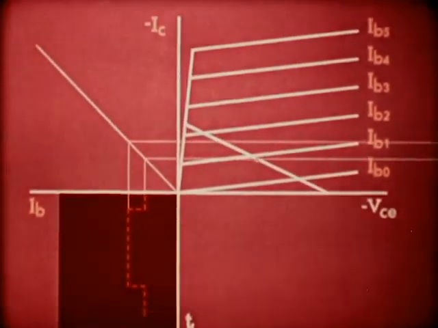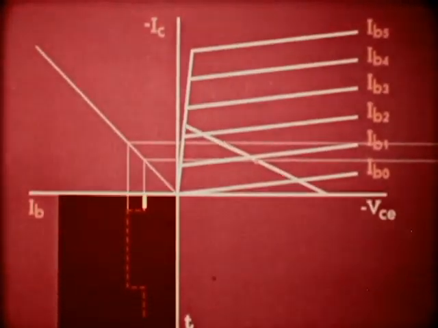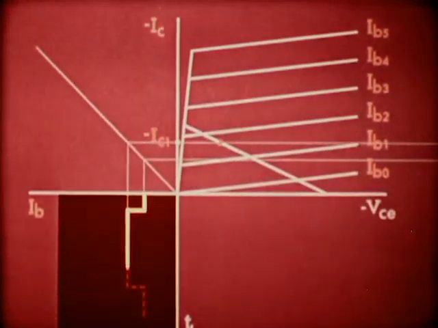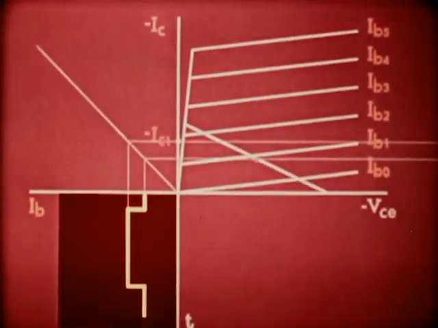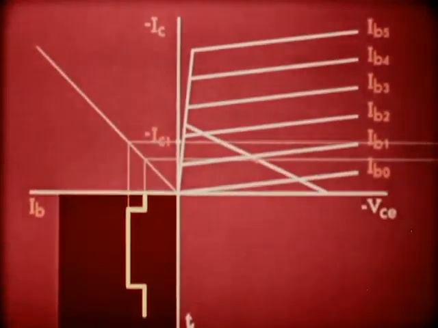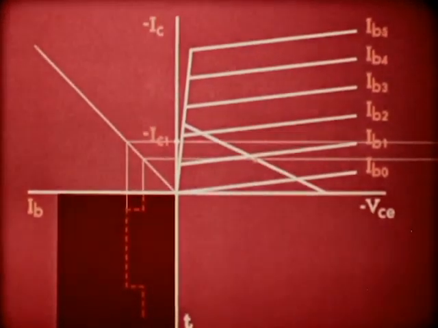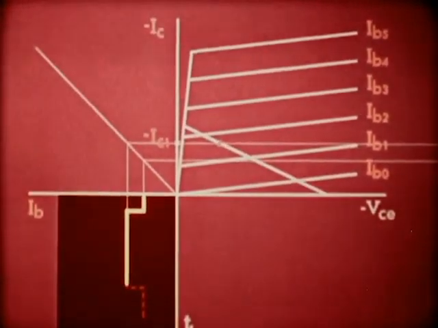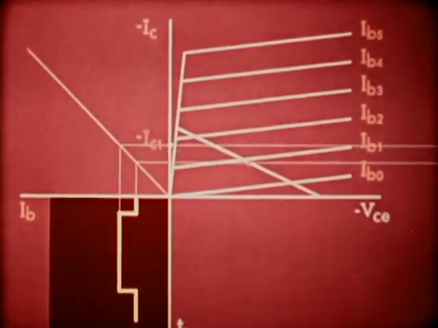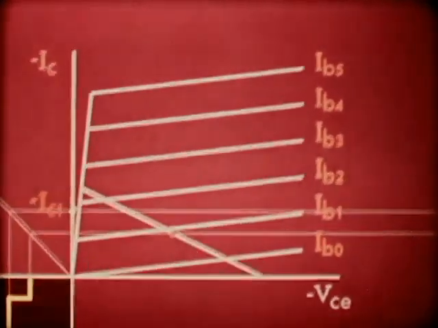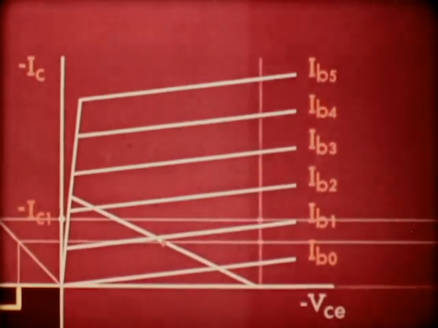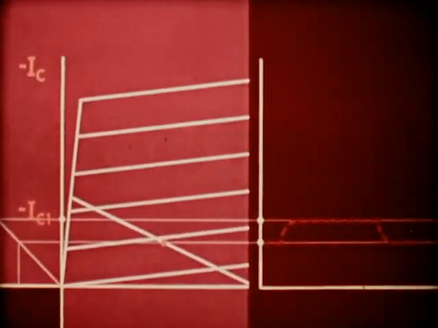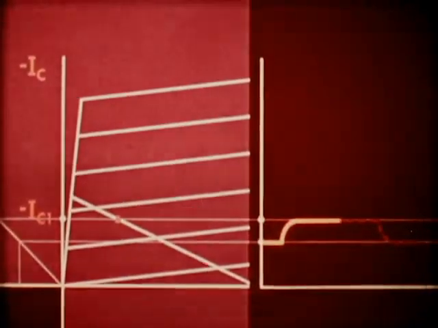Again, if we apply a small variable voltage, the variations of the input current, IB, will follow exactly the variations of the input voltage. But the variation in the output current, IC, will not be the same.